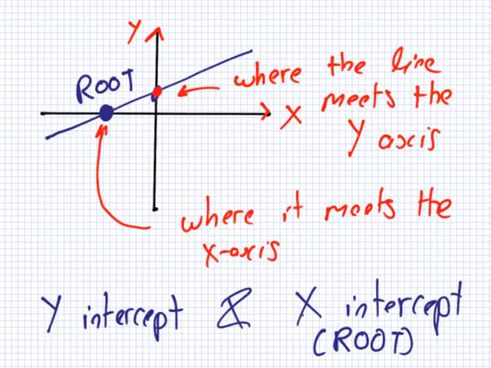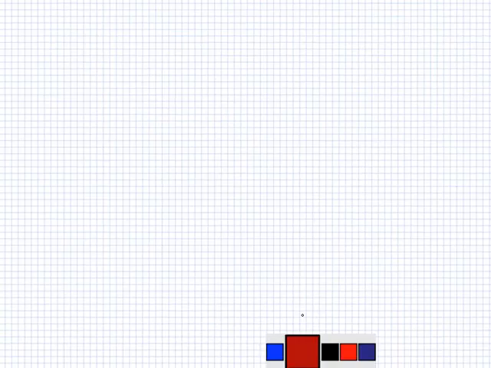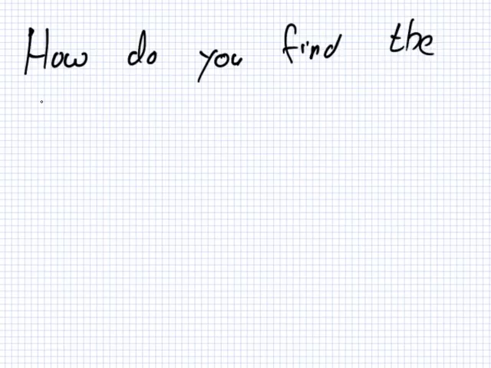Right, so I'll ask Honey again. How do you find the x-intercept? So give me your idea. Let's say this is y equals 2x plus 4. How can I find this? What could I do?